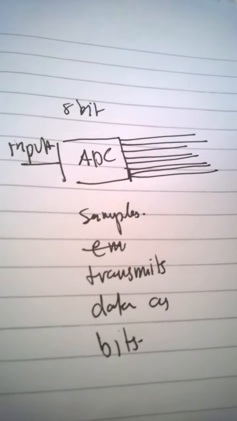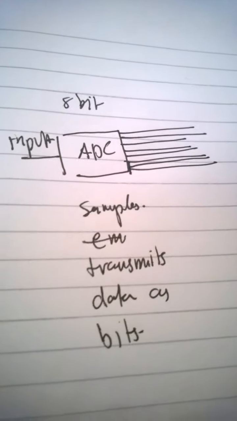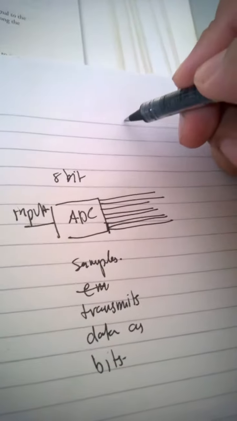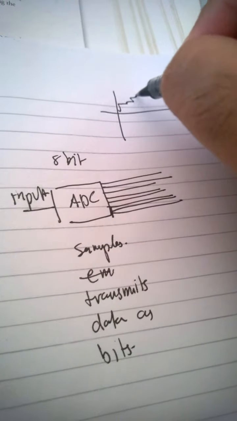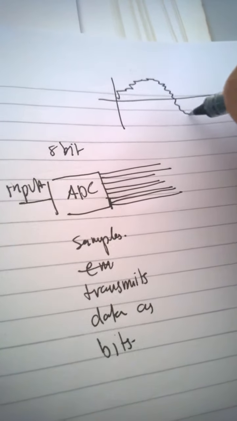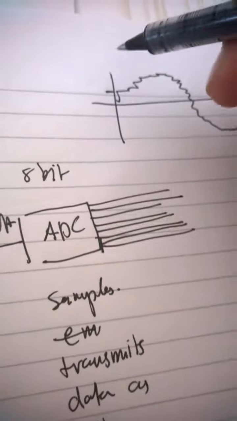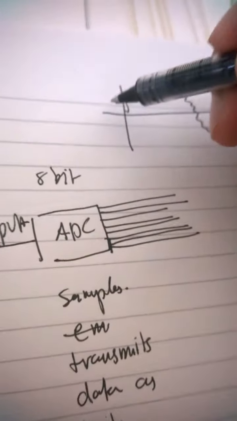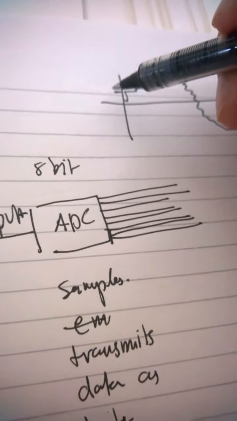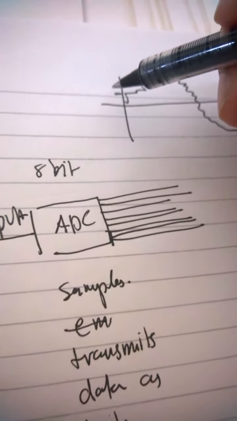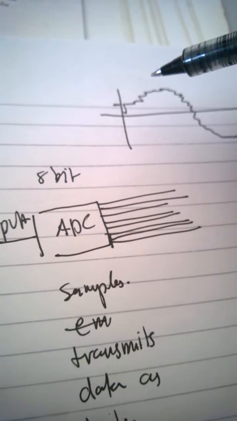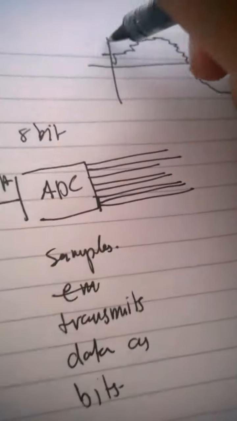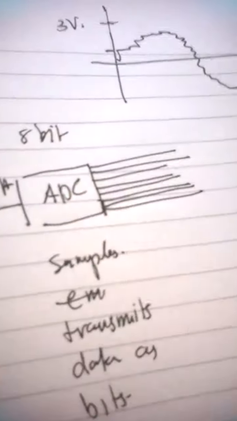So 8 bits. If we have this waveform, let's just assume it is 3 volts, the maximum.